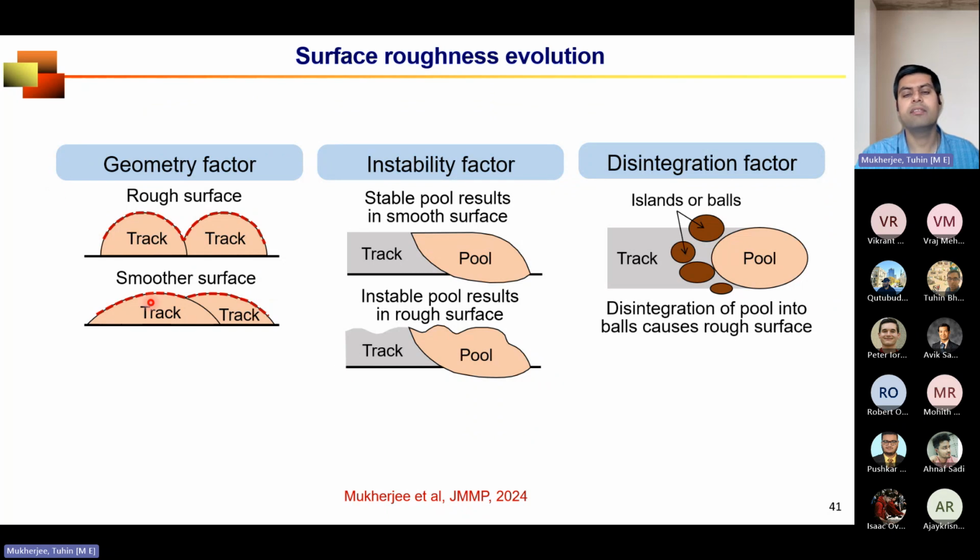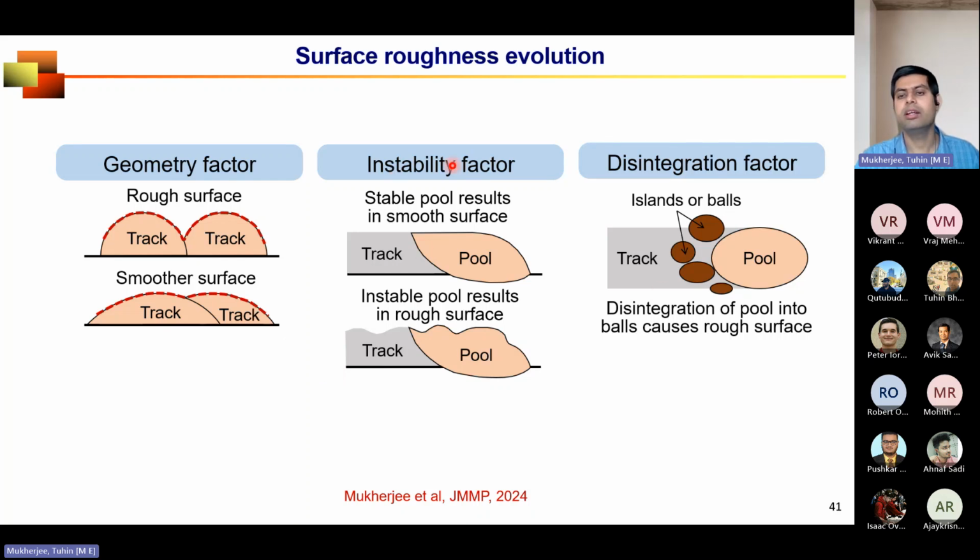This is very elementary. Second thing is instability. If the molten pool is not stable, it is instable, it's forming ripples on the top surface, and there are 1,000 reasons of why molten pool can have ripple on the top surface, and we have shown some of the quantitative calculation in this paper. If you have those ripples, the track will also have ripples after solidification.